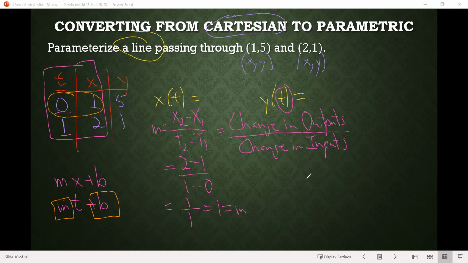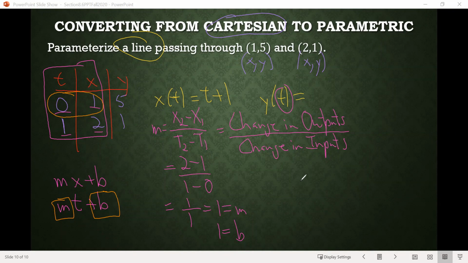So that actually gives us the value for b. Okay, so we know the value for b is also 1. So then our equation, using that mt plus b form, would be 1t, which is just t, plus the value for b, which is 1. So we have x of t equals t plus 1.